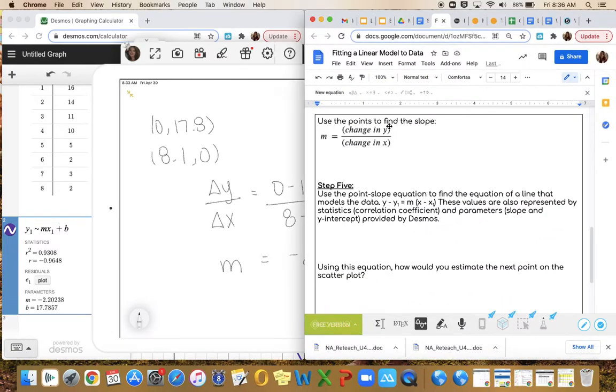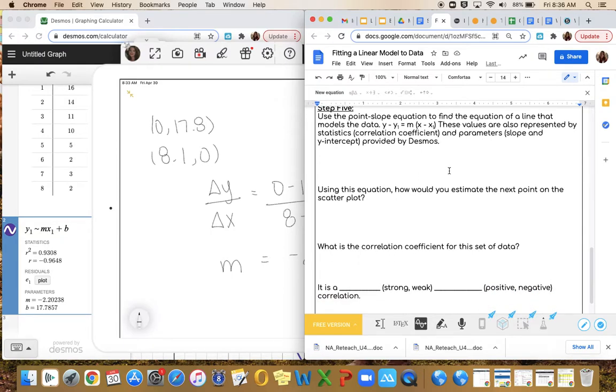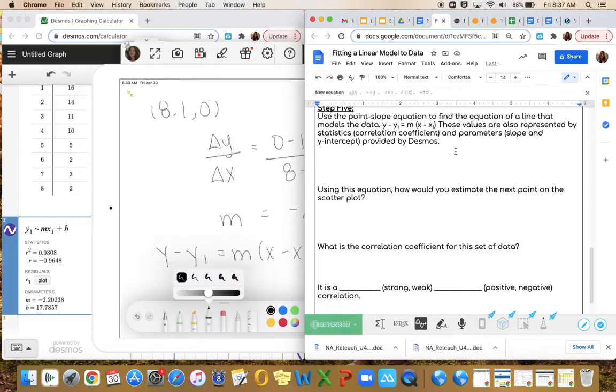Okay, so after we have found the slope, we're going to use the point-slope equation to find the equation of a line that models this data. Well, we've already found the slope, and I've given you the equation for point slope so that it'll be easier to find. So that is y minus y1 equals the slope times x minus x1.